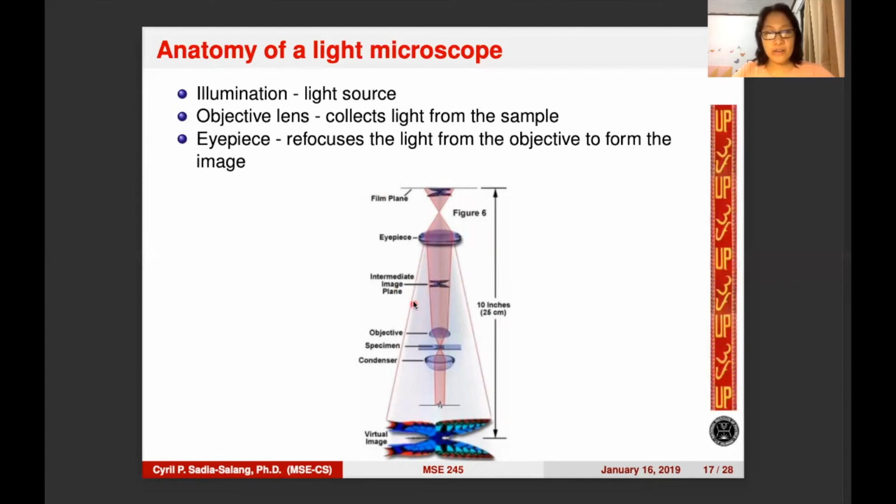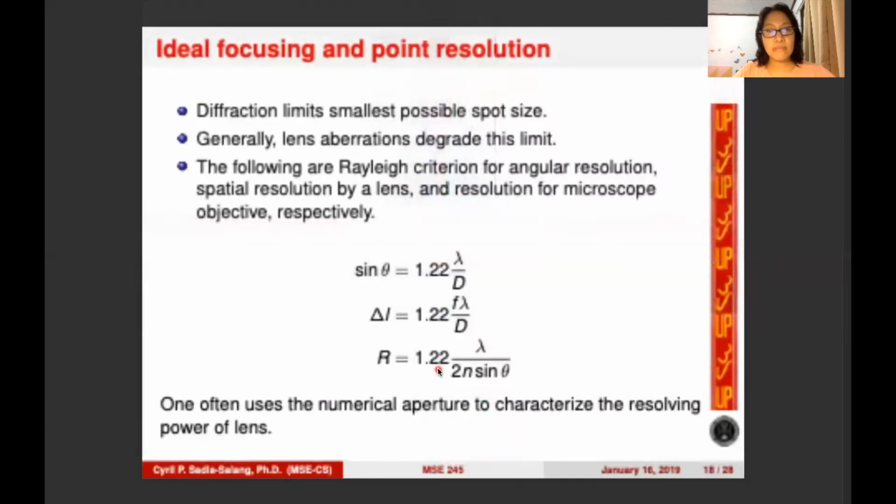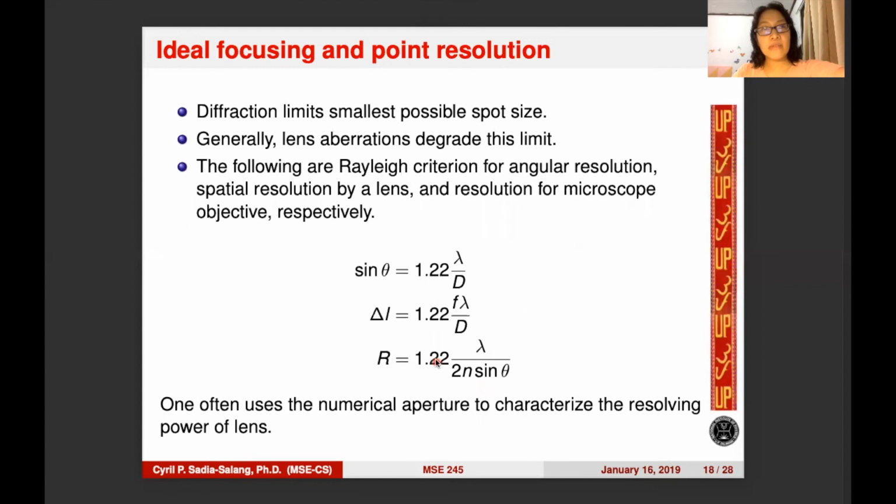So here is how the image formation is applied in understanding the anatomy of a light microscope. Now, light is an electromagnetic wave and a particle as well. Having a wave nature, the light waves interfere with one another, causing a limit to the performance of microscopes. Light bends when there is an obstruction.